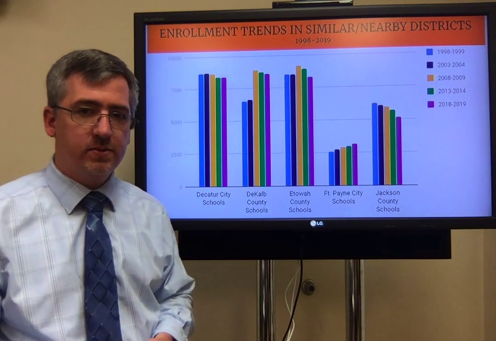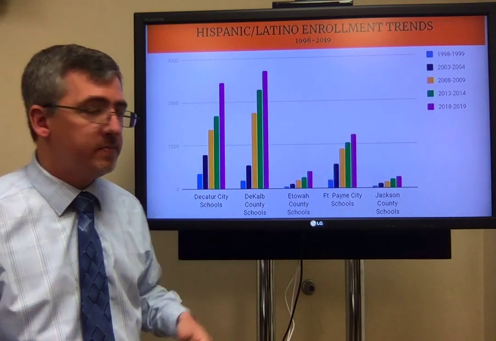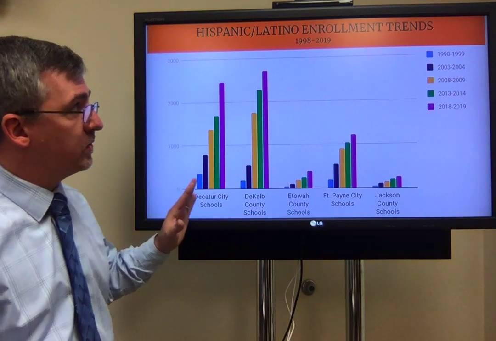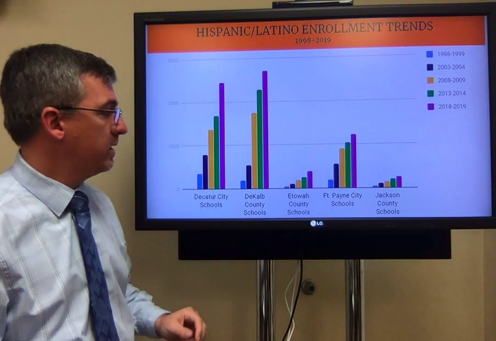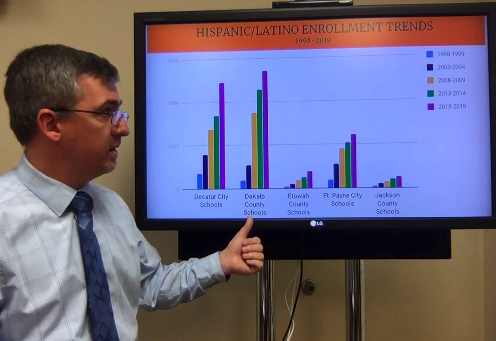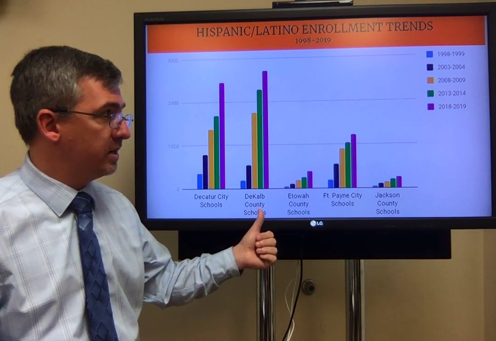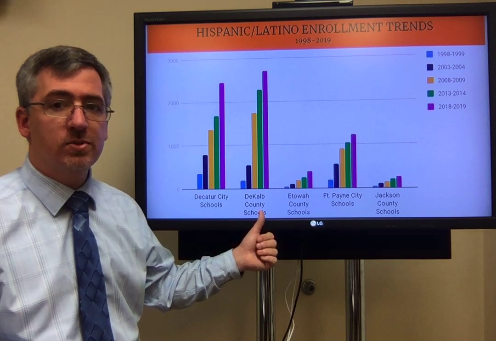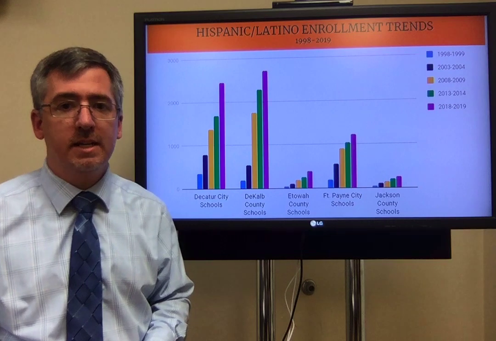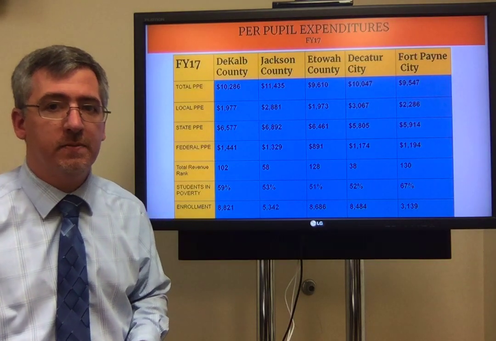So we ask ourselves, what happened? Well, if you look at the Hispanic Latino enrollment trends over the same 20-year period, it becomes really evident. DeKalb County from 2003-2004 to 2008-2009 had a substantial jump in our Hispanic population, which means this is an area that we need to be concerned about, an area we need to be working on.